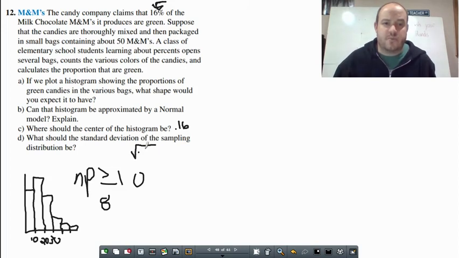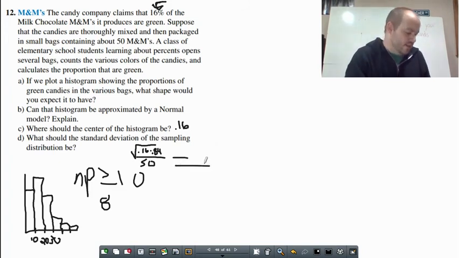So we're looking at 0.16 times 0.84 divided by 50, and then taking the square root of that entire answer.